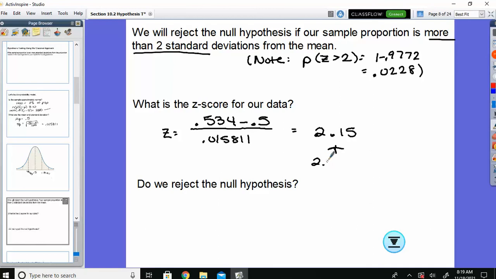So what this says is it is 2.15 standard deviations above the mean. Above because it's positive. So would I reject the null hypothesis in this case? Yeah, the classical approach said we would reject if it's more than 2 standard deviations. It's 2.15 standard deviations, so that would be enough to reject.